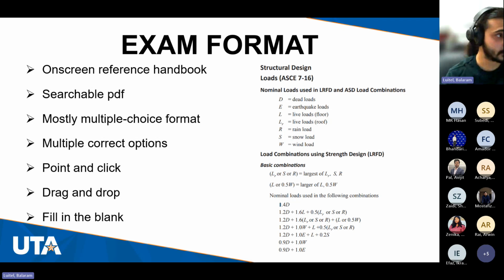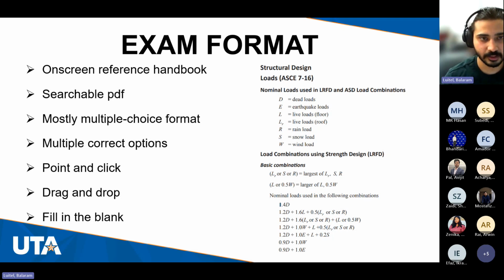Exam format again, there will be a reference handbook on screen. It's a searchable PDF. I'll show you the full document after this presentation, but being used to that reference handbook, as Ikram also mentioned before, it's the same thing.